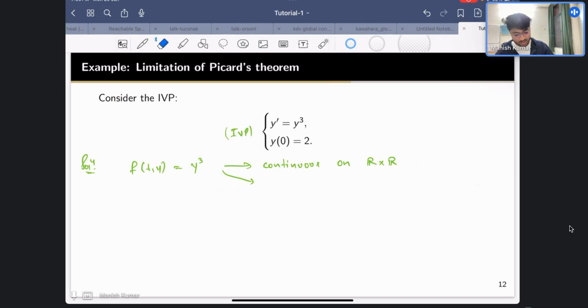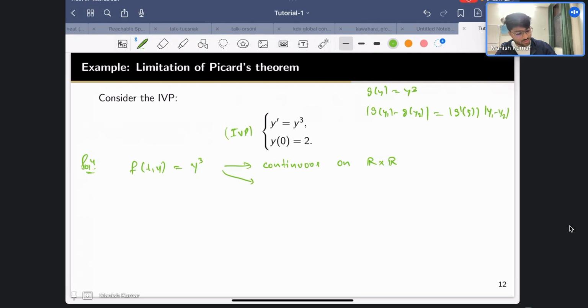So how do you prove that? Let me take g of y equal to y cube. You know that this is differentiable and the derivative is also continuous, so you can use the mean value theorem. g of y1 minus g of y2 is equal to g prime of psi, with psi lying between y1 and y2, times mod y1 minus y2.